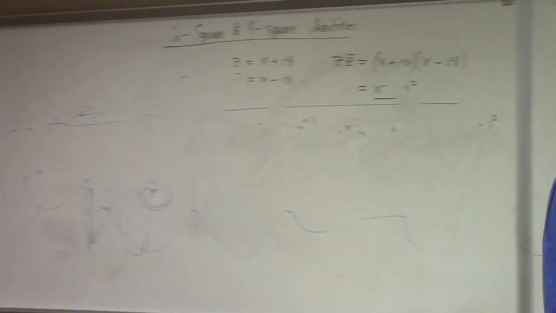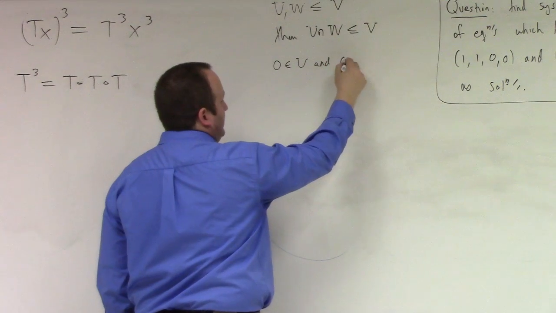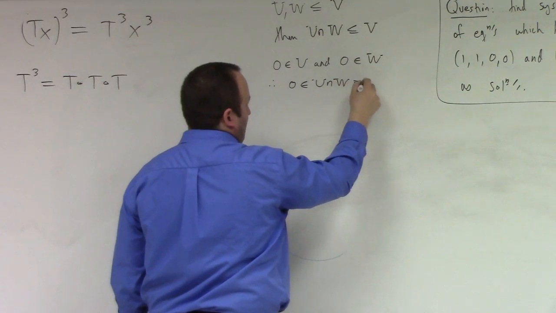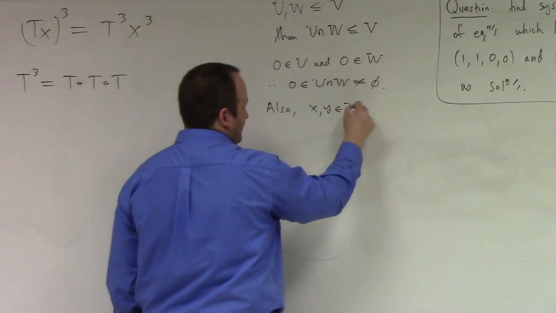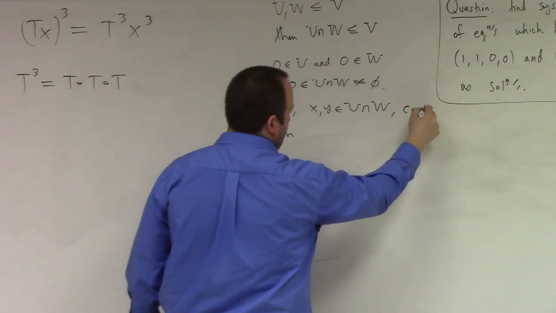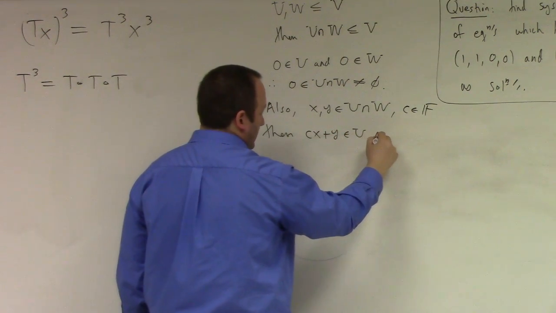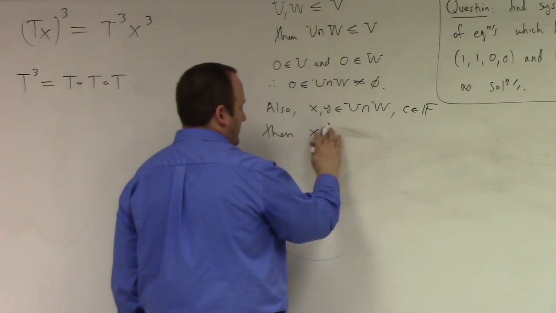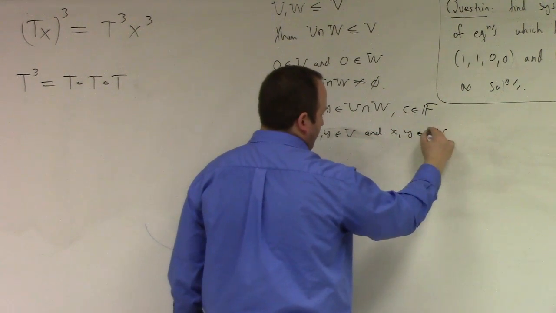How about this proof that the intersection is a subspace? 0 is an element of U, and 0 is an element of W because they're subspaces. Therefore, 0 is an element of U intersect W, which is not empty, right? Also, if you pick x and y in the intersection and c something in the field, then x and y are elements of U, and x and y are elements of W by definition of intersection, right?